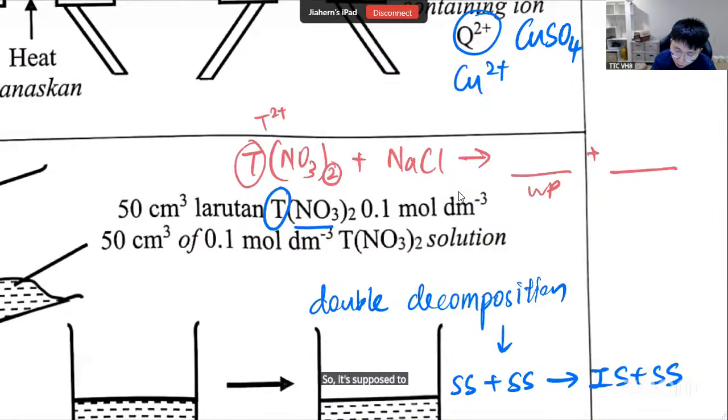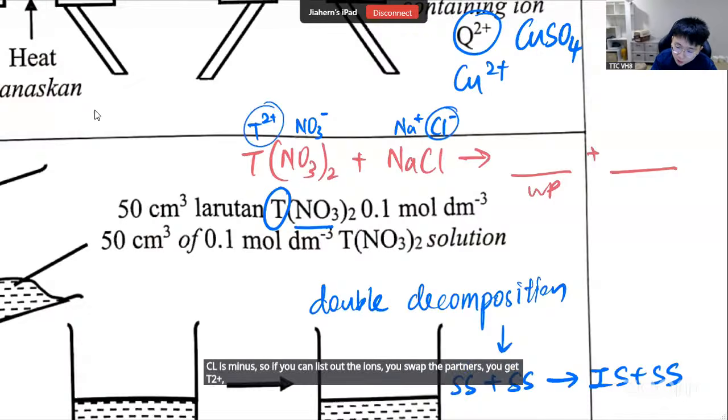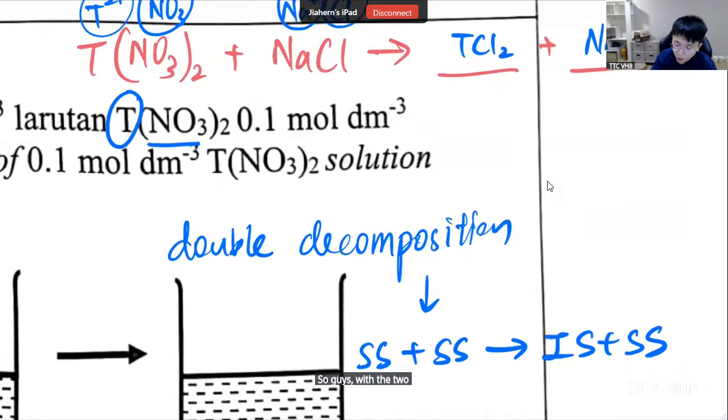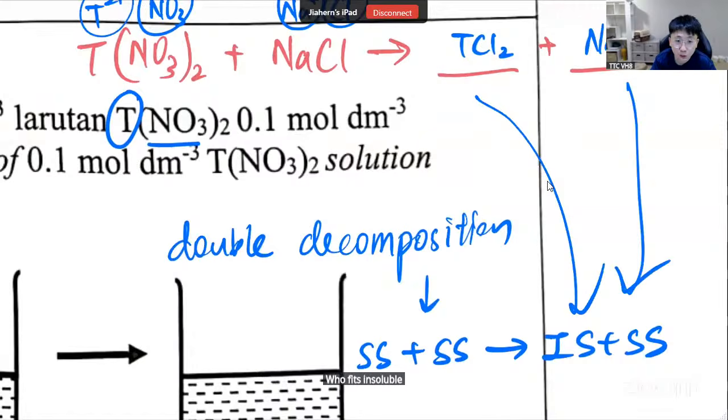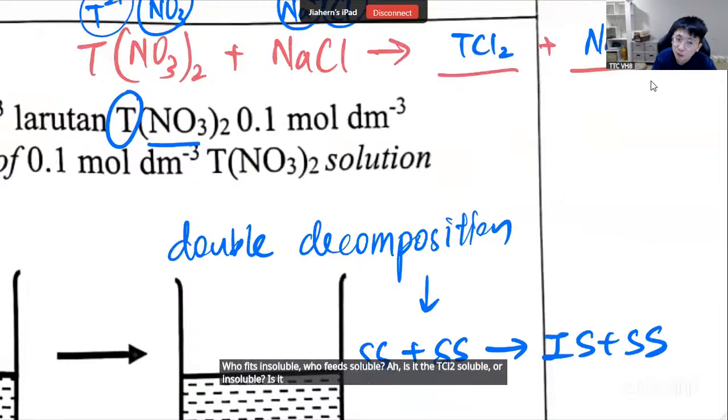If I write out the ions, T is T2+, NO3 is minus, Na is plus, Cl is minus. So you swap the partners and get T2+ with Cl minus, which gives TCl2. I don't know who the white precipitate is first, so I remove this first. Then my Na and the NO3 combine to give NaNO3. With the two products formed, which fits insoluble and which fits soluble? Is TCl2 soluble or insoluble? Is NaNO3 soluble or insoluble?